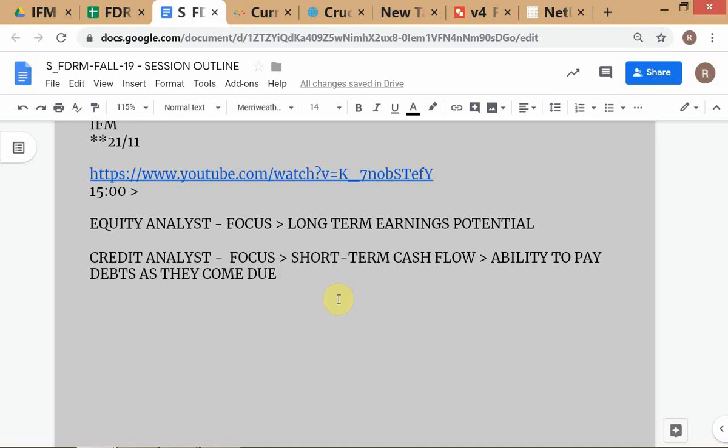When they have a AAA rating, the probability that this company will be able to pay its debt as it comes due is very high. That's why you have a AAA rating. Okay, you have a very bad rating like a CCC or something like that, then what we are saying is the probability that this company will be able to pay its debts as they come due is very low. Okay, and then you have rating upgrades and all that.